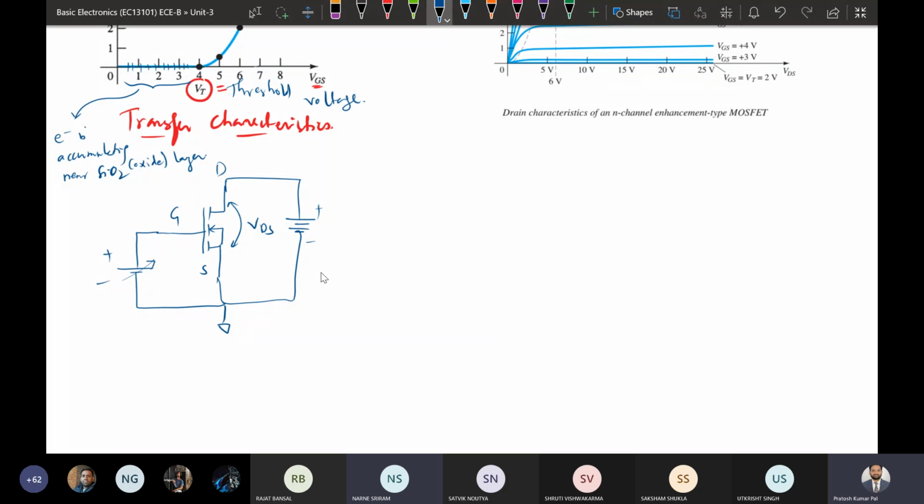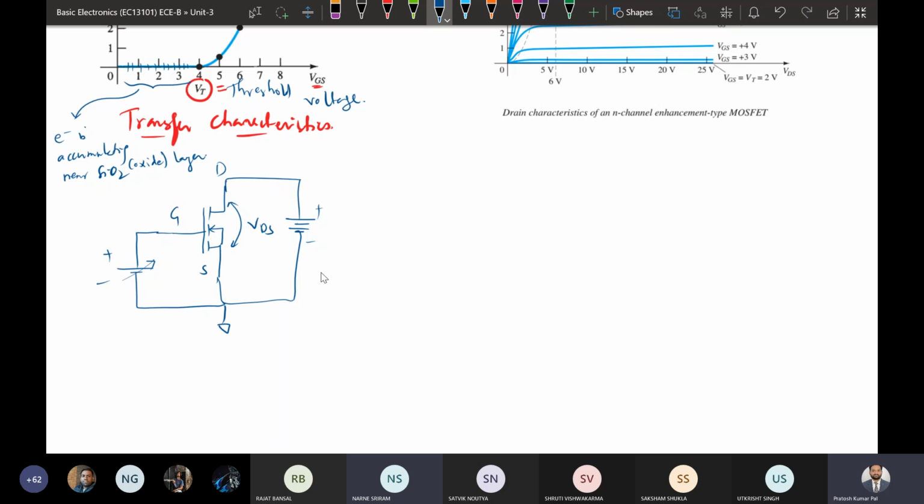As the electrons accumulate, if a sufficient amount of electrons is there, the channel has been formed, and only then will the current start. As we increase VGS from 0 to some value, at this value the channel is formed and now the current will start flowing.